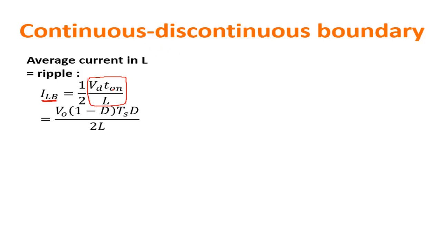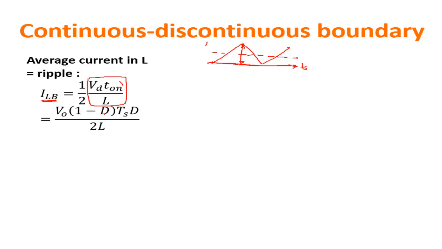So Vd times T on divided by L is the increase in the current during the part of the period during which the current rises, divided by 2 is the average current at the limit of discontinuous conduction, and this is what we write here.